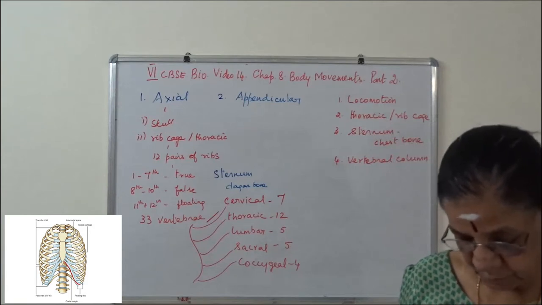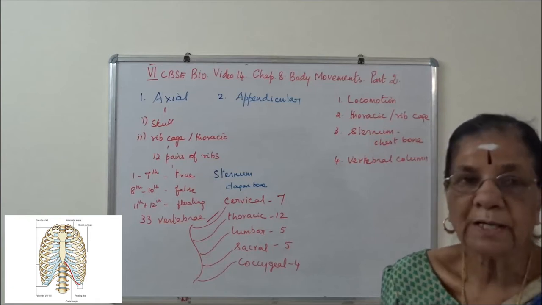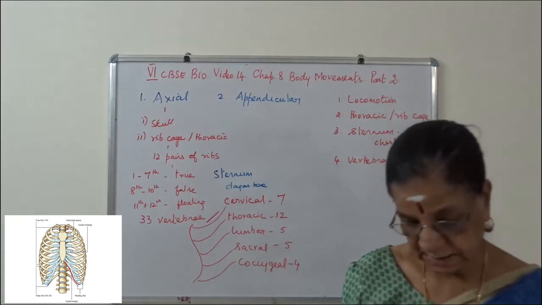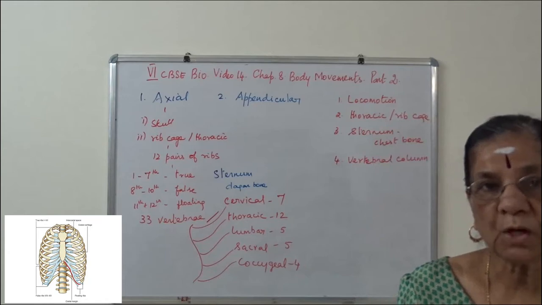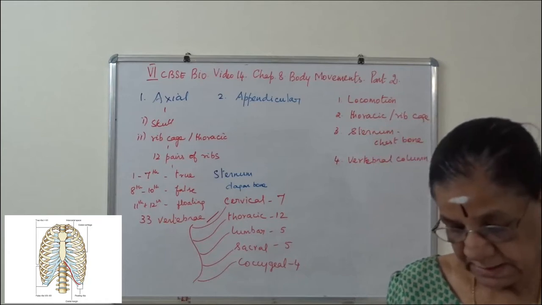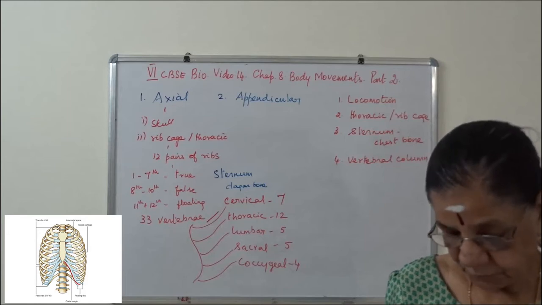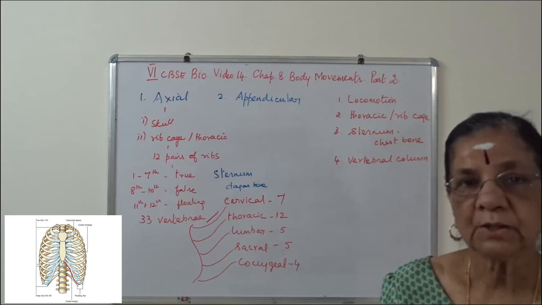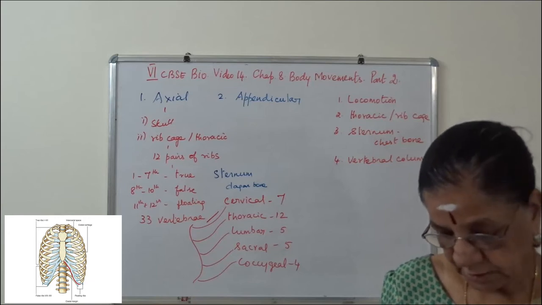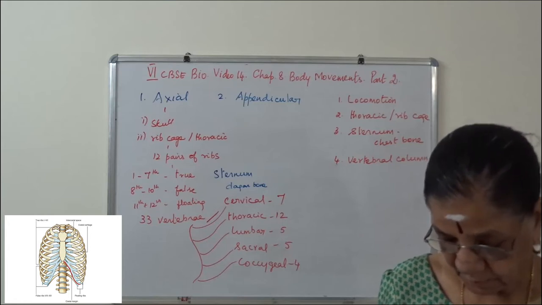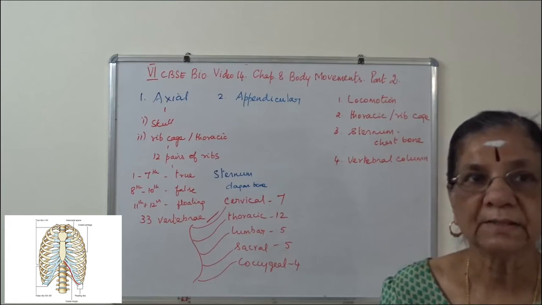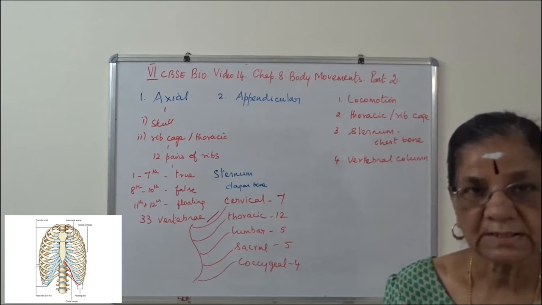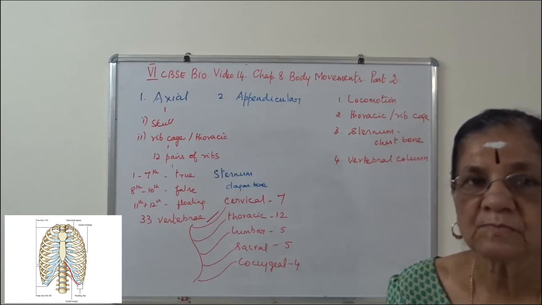The 5 sacral bones joined together to form one bone called the sacrum. Again, the 4 coccygeal bones fused together to form another bone called coccyx. So the total number of vertebrae adds up to 26 only. We say 33, but it is 26.